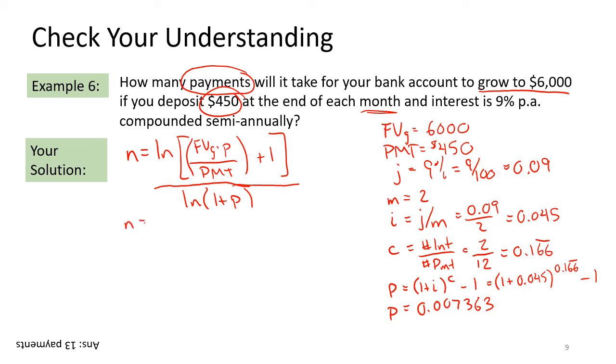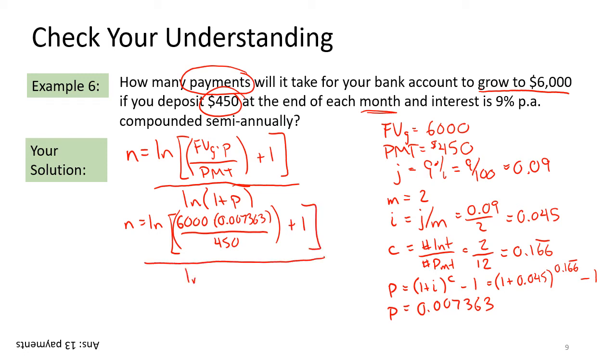Knowing all this information, again, we now plug it into the formula. So n is equal to the ln of 6,000 times your equivalent interest rate P, 0.007363, divided by your payments, 450, that's one calculation, plus 1, end bracket, divided by the ln of 1 plus your equivalent interest rate, 0.007363.